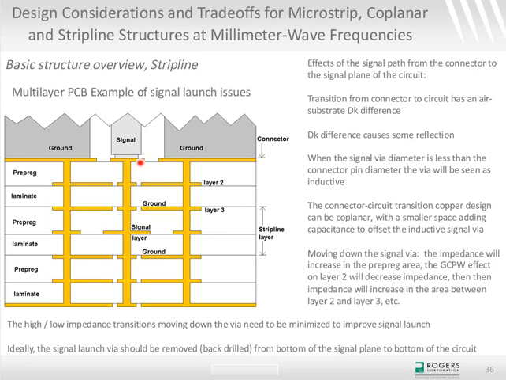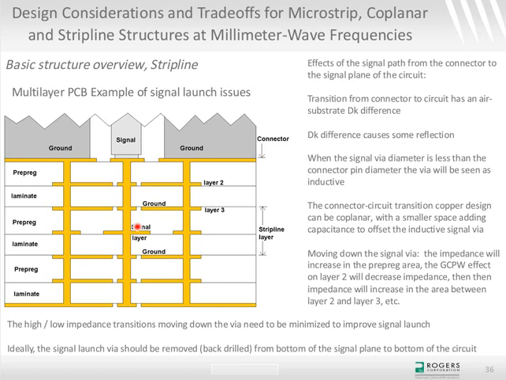And then as you go down a little bit from the copper, in the middle of the layers between copper layer 1 and copper layer 2, the impedance is actually going to go higher. And then once you get down to copper layer 2, where it looks like a coplanar type of structure, the impedance is going to go low. As you go down a little bit deeper between layer 2 and layer 3, impedance goes high again, then low again, high again, low again.